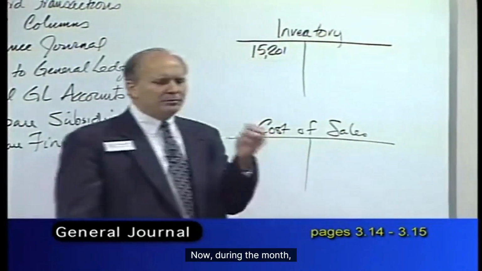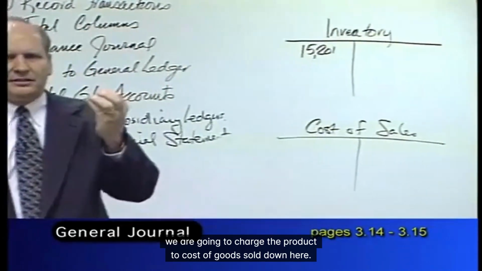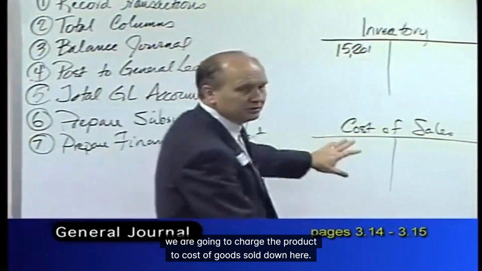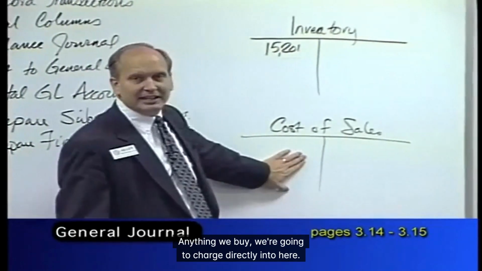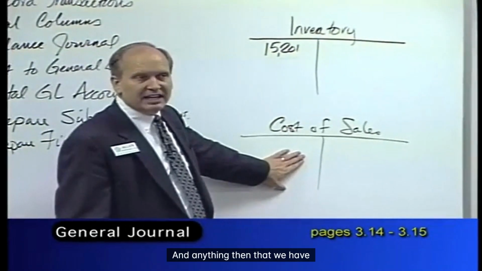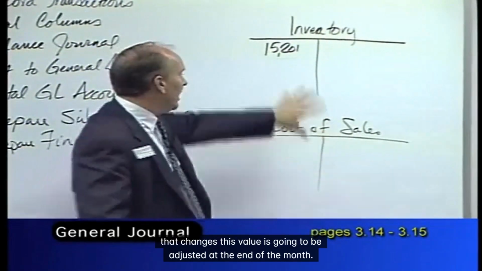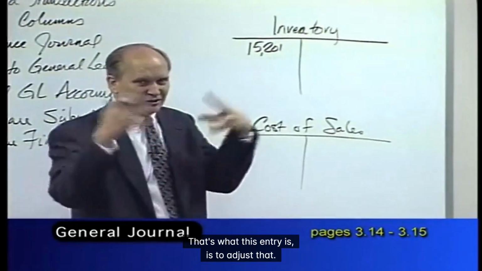Now, during the month, we are going to charge the product to cost of goods sold down here, okay? Anything we buy, we're going to charge directly into here. And anything that changes this value is going to be adjusted at the end of the month. That's what this entry is to adjust.